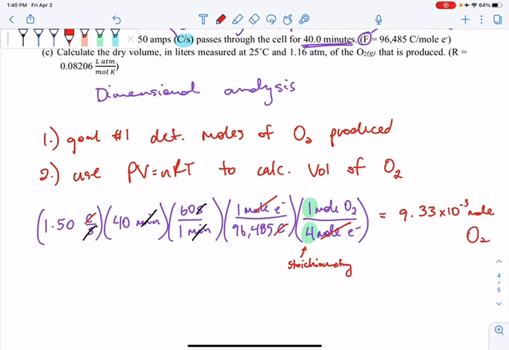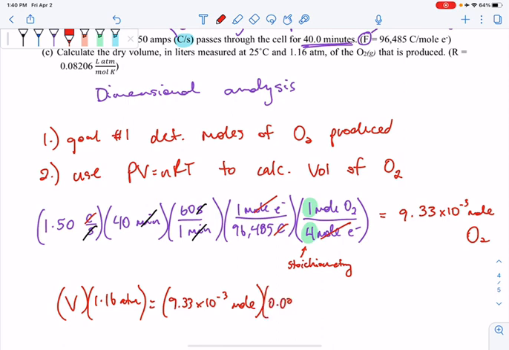Fantastic. Now it's something you should be super familiar with, which is PV=nRT. We're trying to find volume. It tells us the pressure is 1.16 atm. We know moles, so it's 9.33 times 10 to the minus 3 mole. We know R, which is 0.08206 liter atmospheres per mole Kelvin.